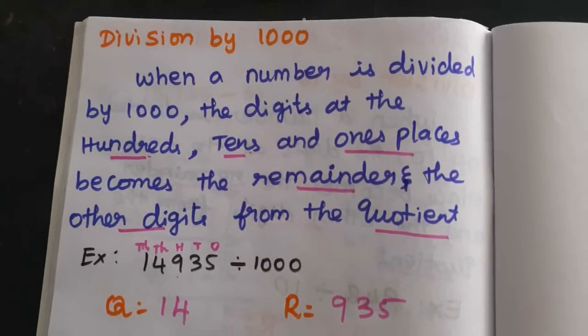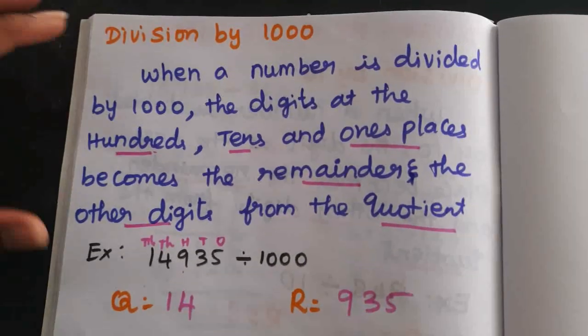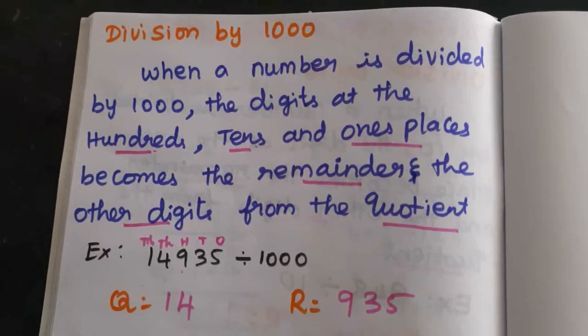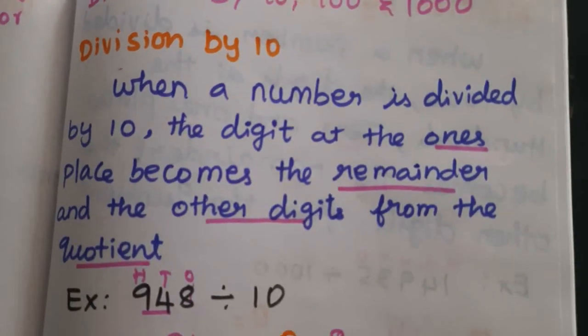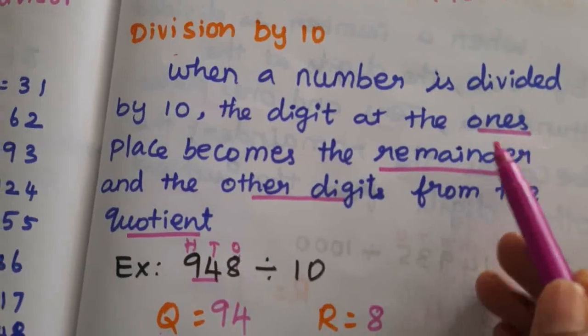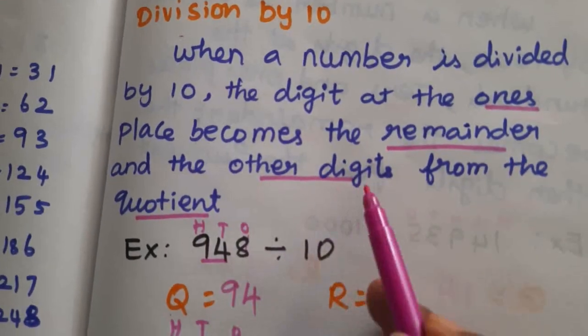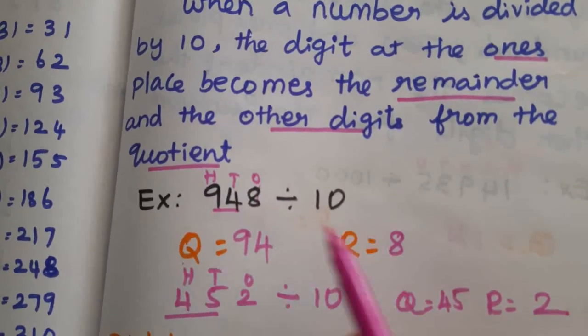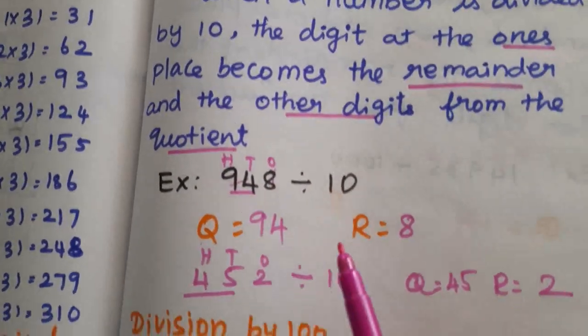Before we see the properties of division, let's do one more recall for division by 10, 100, 1000. Division by 10 means the ones place becomes the remainder, and the other digits are the quotient. See that example, ones place is the remainder, remaining digits is the quotient.